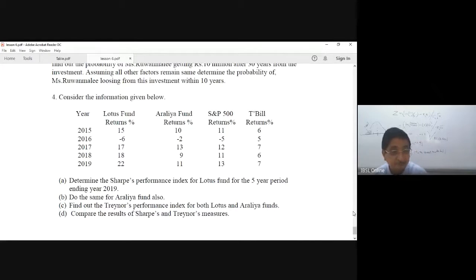In Lotus Fund returns you have several returns and you can have the mean value for that. Here the mean value we obtain through the arithmetic mean, not the geometric mean return. So this is only the arithmetic mean. You add up the values and divide by 5.